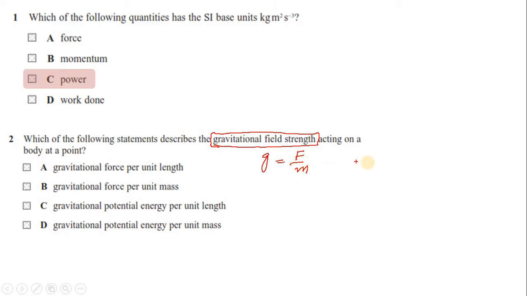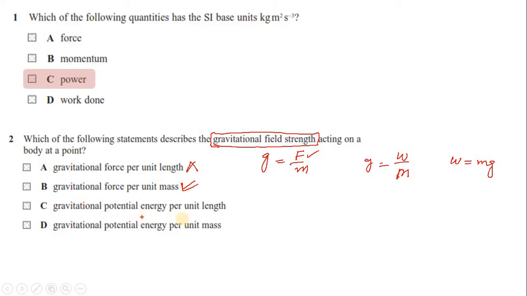This is another way to write g is equal to W upon m, from W is equal to mg, where W or F is gravitational force. So gravitational force per unit length, no. Gravitational force per unit mass, B should be your answer.